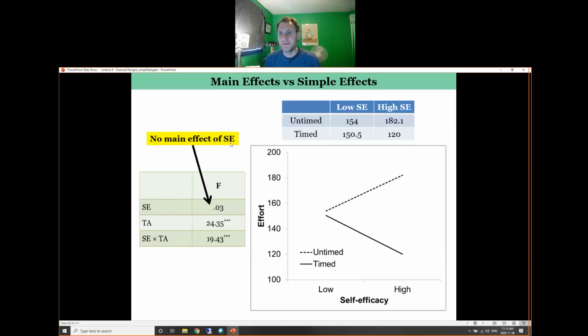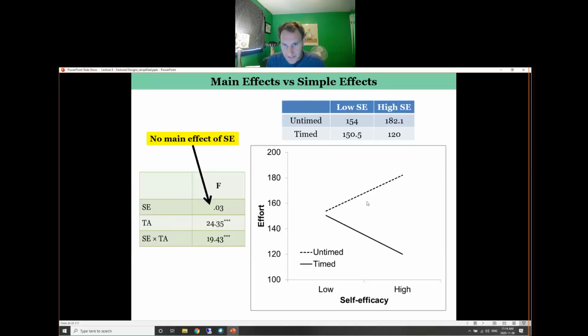It's because in this case, there are offsetting simple effects. One goes up, the other goes down. On average, no main effect. So the effect of self-efficacy on average across levels of timed versus untimed is nothing. There is no effect.